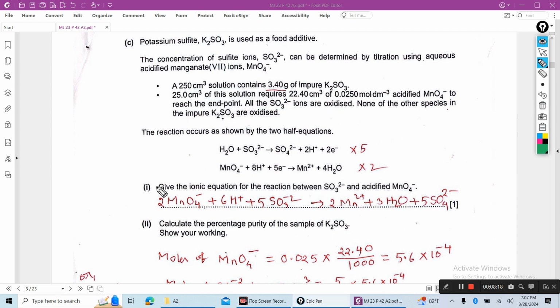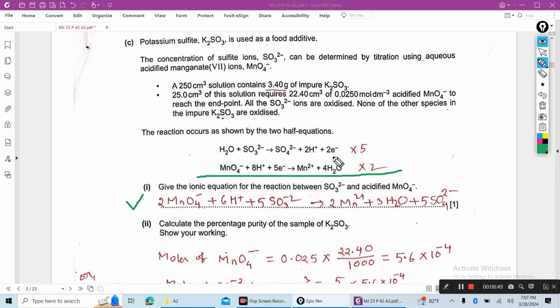Now first give the ionic equation for the reaction between sulfide ion and acidified manganate ion. So if you add this equation to the half equation, you will get the overall equation. But when you add, the electrons must be cancelled, and to cancel electrons, every half equation must have equal electrons.